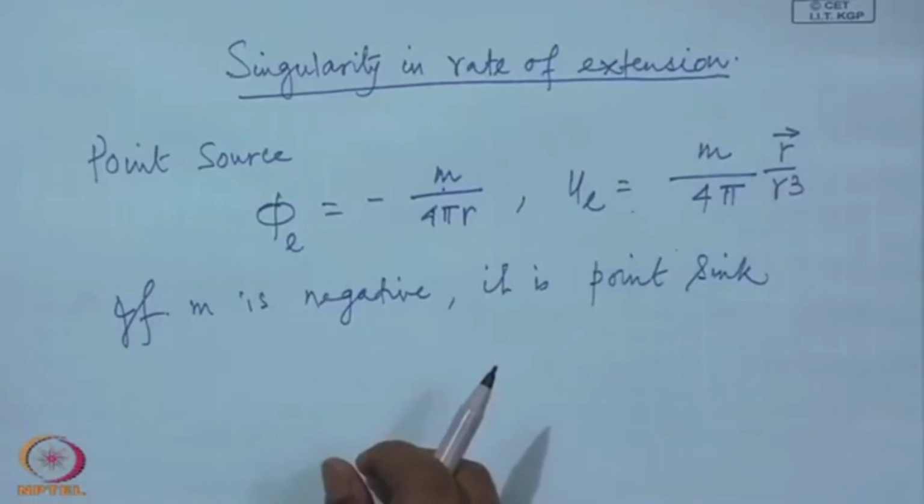The next singularity that we would like to consider is a combination of a point source and a point sink placed a delta x distance away. Both the point sink and the point source have the same strength.